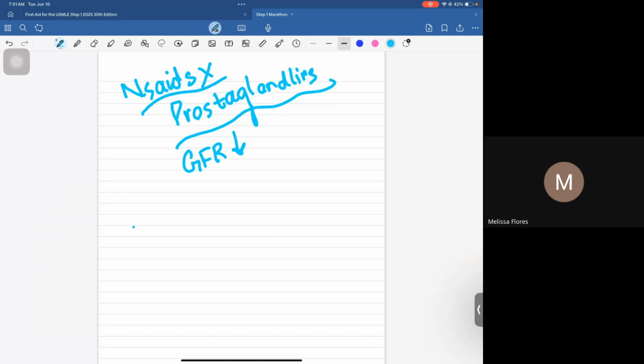Second thing is that whenever you constrict the efferent arteriole, the GFR is going to increase. Now, what constricts the efferent arteriole?